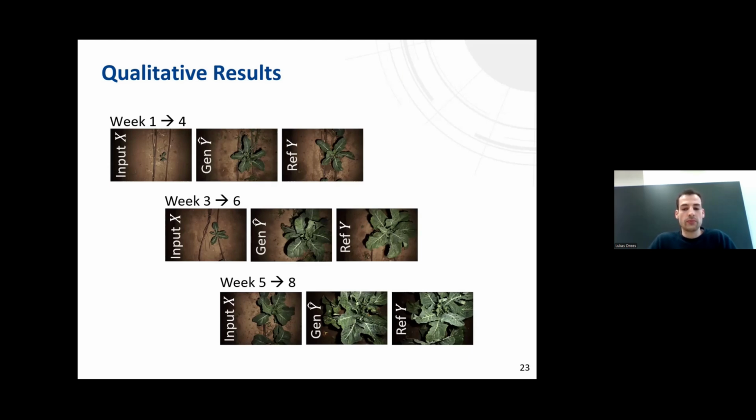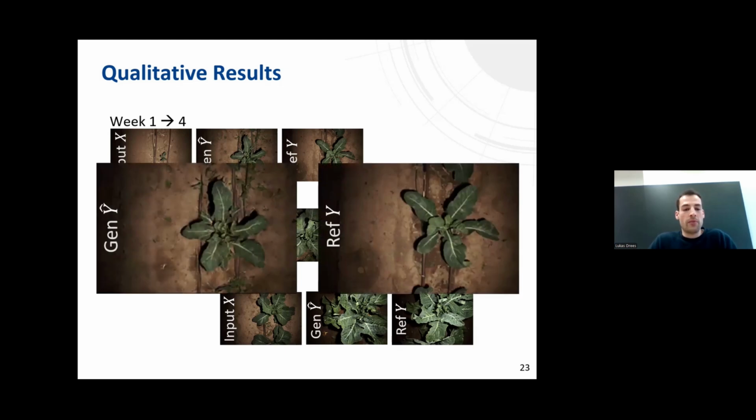And if you now have a closer look and compare the plants really leaf by leaf, you will find that the generated plants do not really match the reference plants. So apparently, there is not enough information in the very early growth stage, 1 week after seeding, to generate the correct output image.